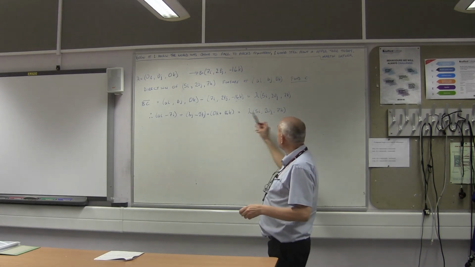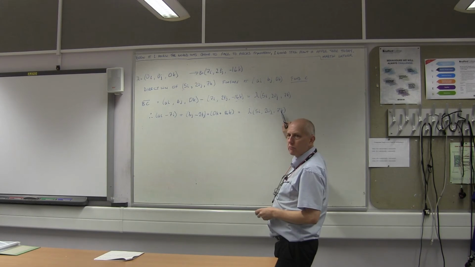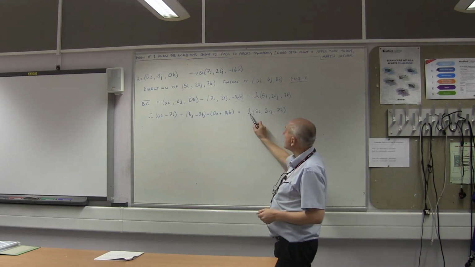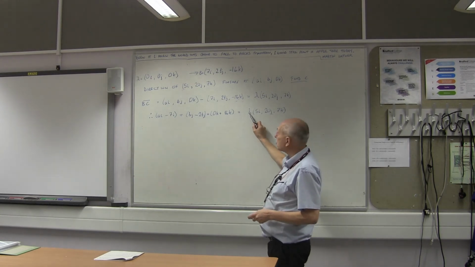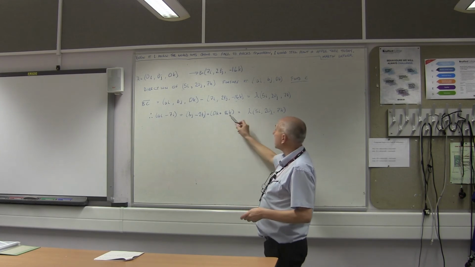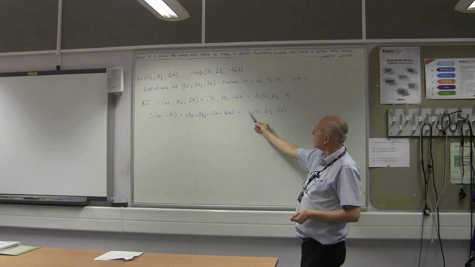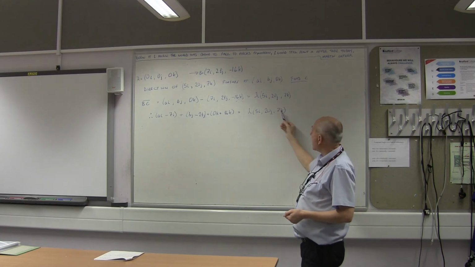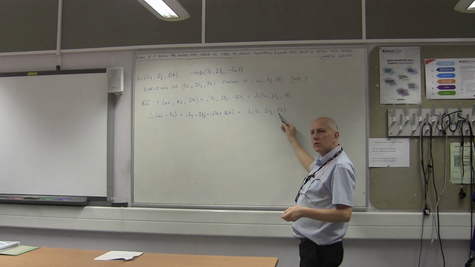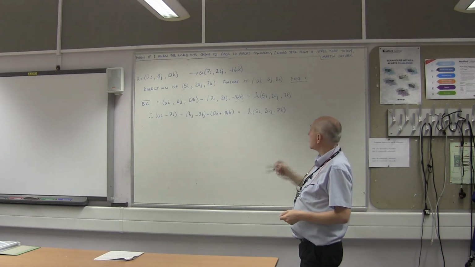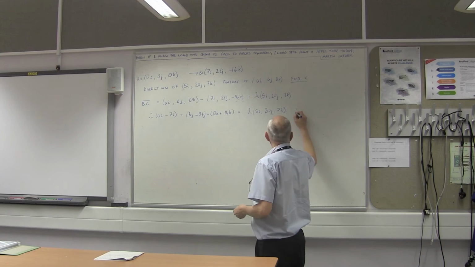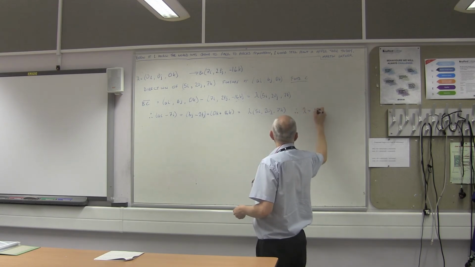So I've got 14K equals 7K, well that's impossible. So this would have to be something that multiplies 7 to give me 14. If I multiply that bracket with a certain number, that would make that into 14. So it's going to be 2. So therefore, lambda must equal 2.